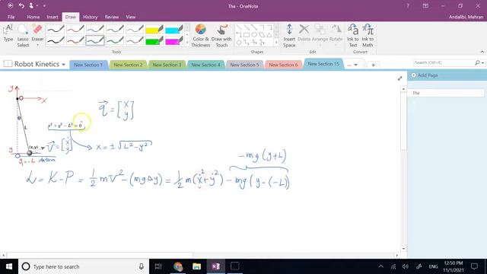How? I take a time derivative. If I take a time derivative of the constraint equation, that becomes 2x x dot plus 2y y dot equals 0. If I eliminate the 2's, now clearly from here, your x dot is going to be y dot with a negative sign over x.